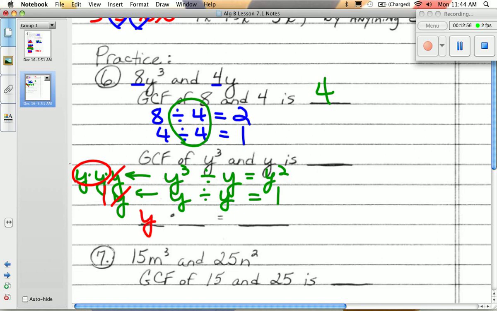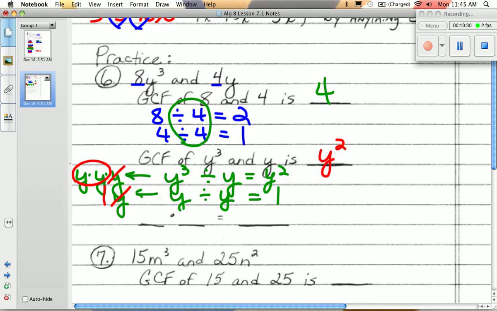So now we say y squared times 1 equals what? Y squared. Oh, I don't think that's what I want there. Erase that. That's not what we want there. We have decided that the GCF of y cubed and y is y squared. So just like we did on the front, those of us who took the longer route with that 30 and that 75, first we divided out a 5, and then we divided out a 3.